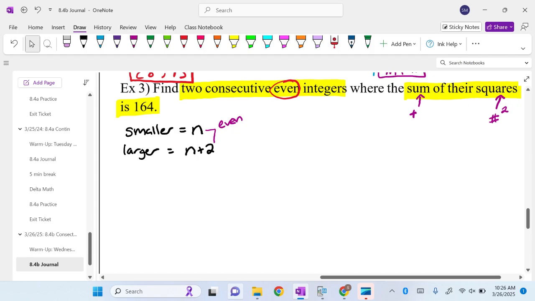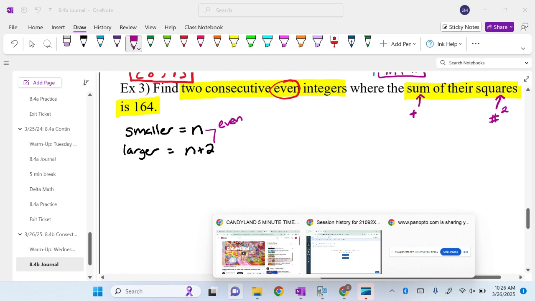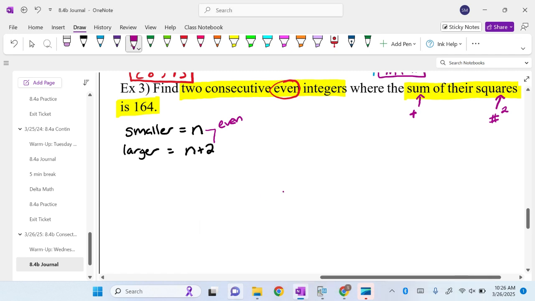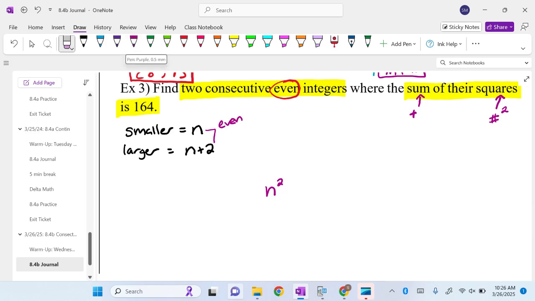So let's just find the squares first. We're going to square both of our integer expressions. How would I write the square of n? N squared. How would I write the square of n plus 2? N plus 2 all squared.